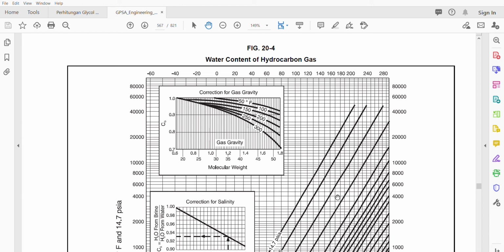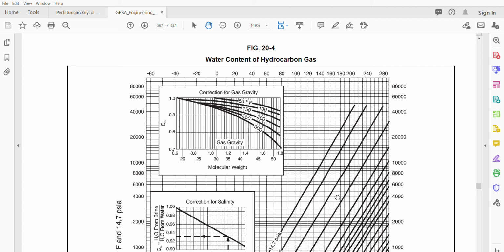So usually what I do if I have a well test, I just see what is the amount of the water. If the amount of the water from the correlation is larger than the production water, it means that everything is coming from the gas.